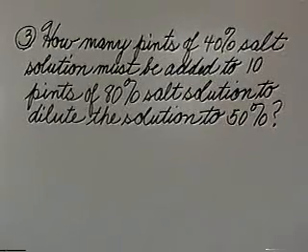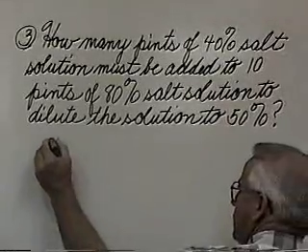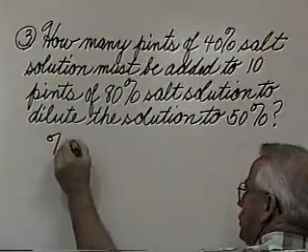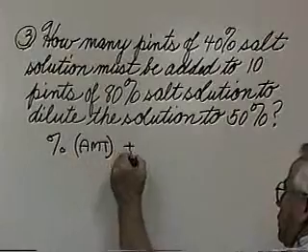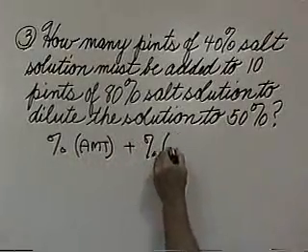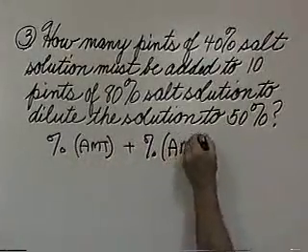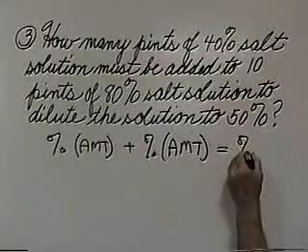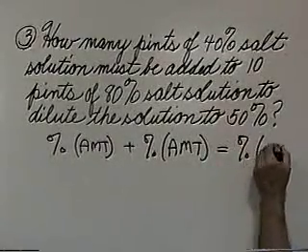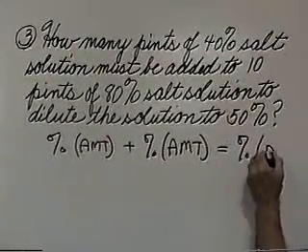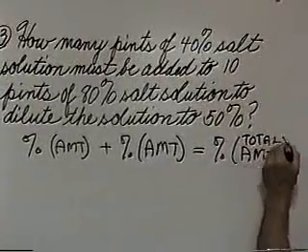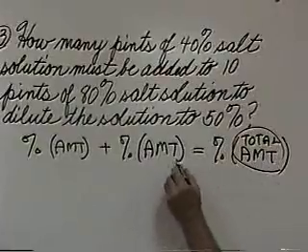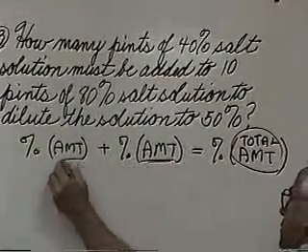A lot of work, but here's all there is to that. It simply says the percent solution times the amount plus the percent solution times the amount is going to equal percent times total amount. Now what this is going to be is the sum of this plus this.